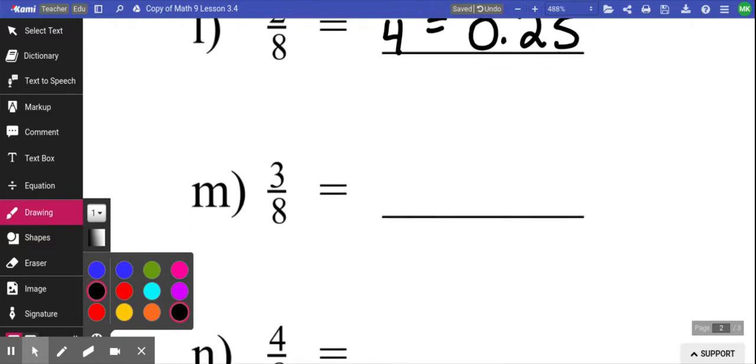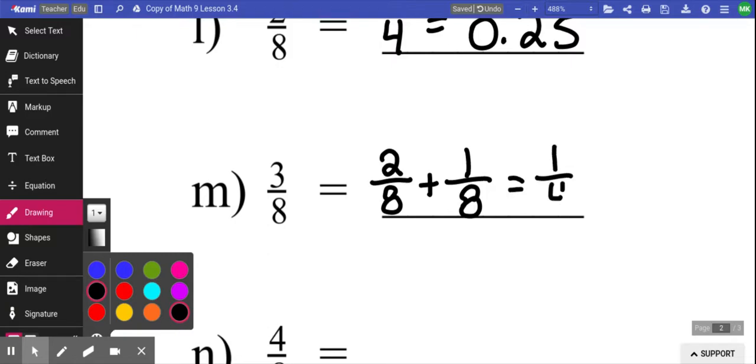3/8 doesn't reduce. However, I could break 3/8 up into 2/8 plus 1/8. I've memorized what 1/8 is, and 2/8 reduces. So this reduces to be 1/4 plus 1/8.